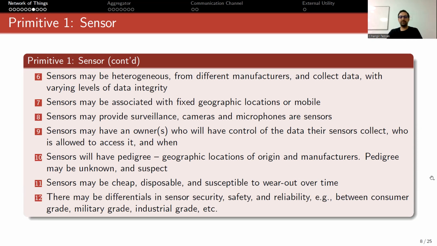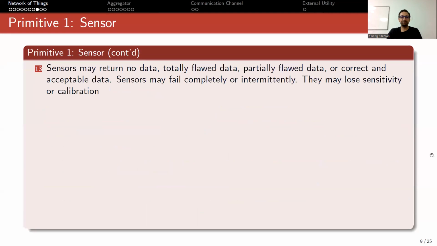There may be differentials in sensor security, safety, and reliability, for example, between consumer grade, military grade, industrial grade, etc. And actually, this sentence applies to almost any electronic device. For instance, when you buy a router, you think that this is the best because it is the most expensive on the market, but you realize that the military uses something else. Industrial grade and military grade are really different from personal devices.